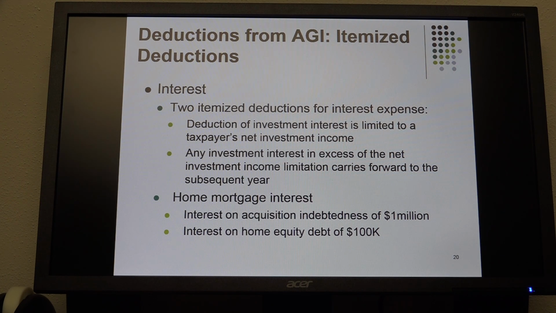That's usually the biggie that moves a taxpayer from standard deduction to itemized deduction. And so the interest is limited to the interest paid on acquisition indebtedness of $1 million.